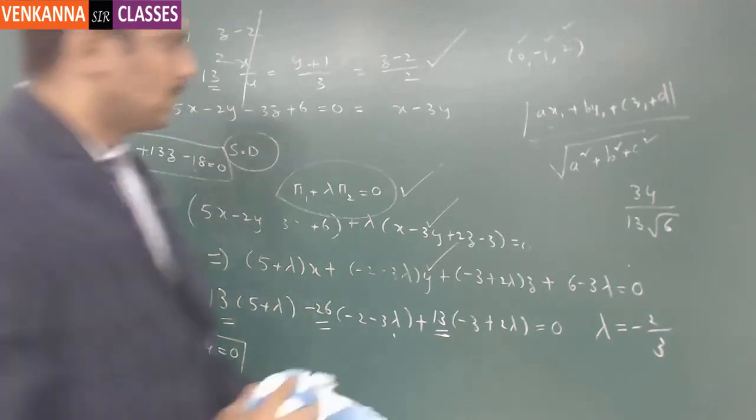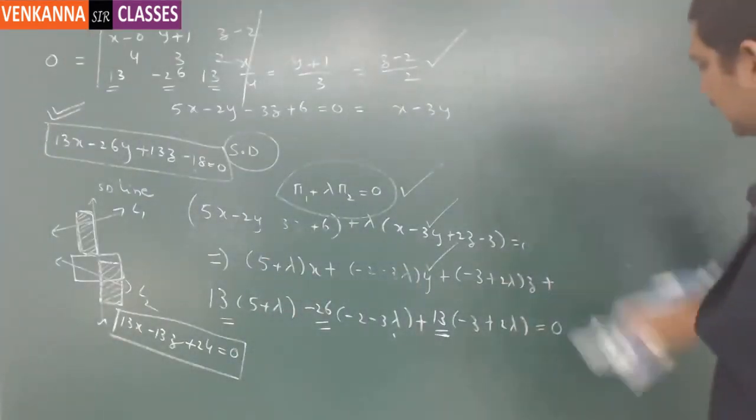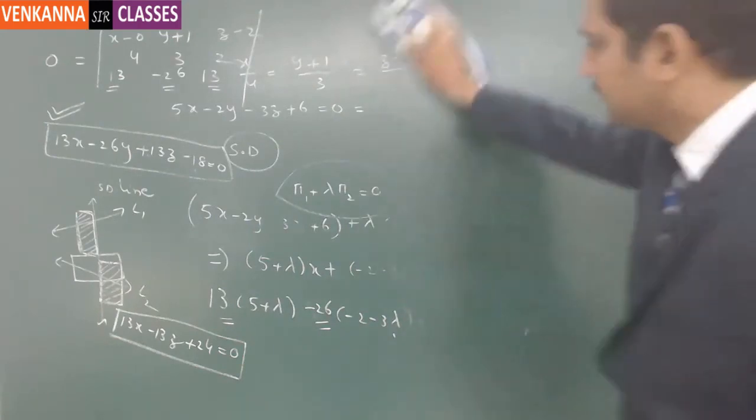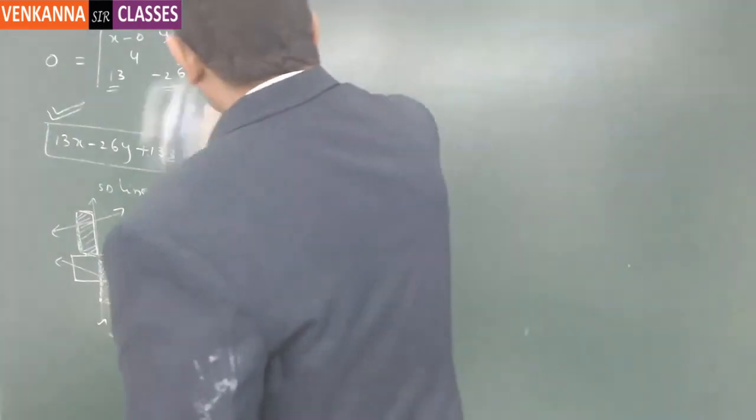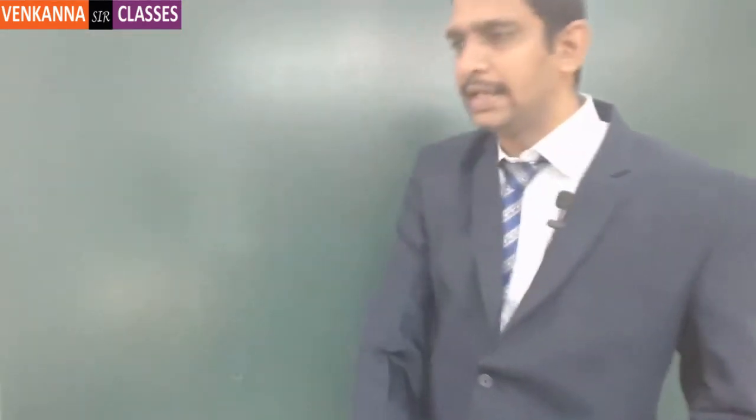Now I want to discuss the case of calculating shortest distance and line of SD if both lines are given in unsymmetric form. So let me take the problem first.